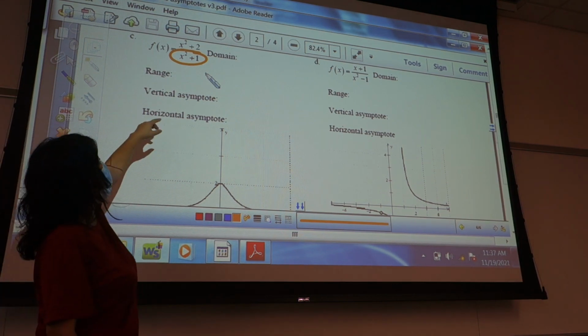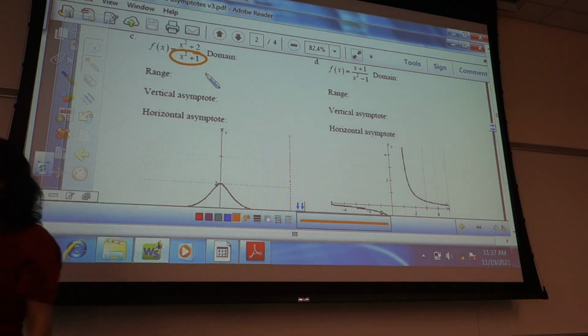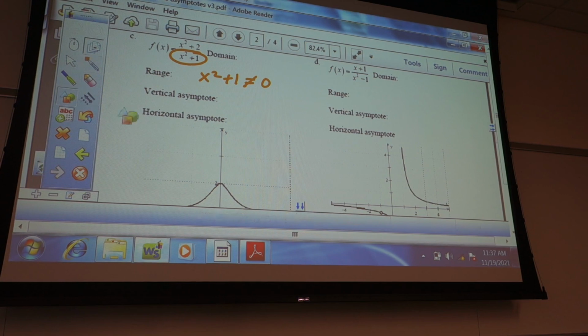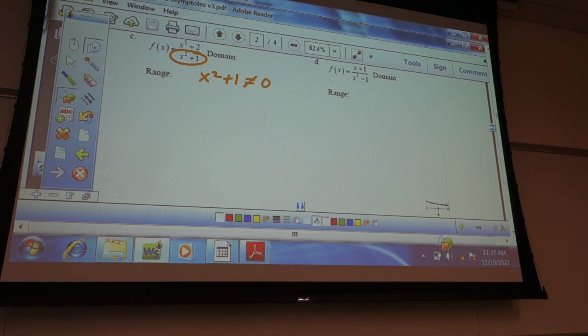So here, there are no square roots, but we are dividing by something with x in it. So we can never, ever let this x plus 2, or x squared plus 1, equal 0. If I were to solve this, I move the 1 to the other side, so x squared equals -1.